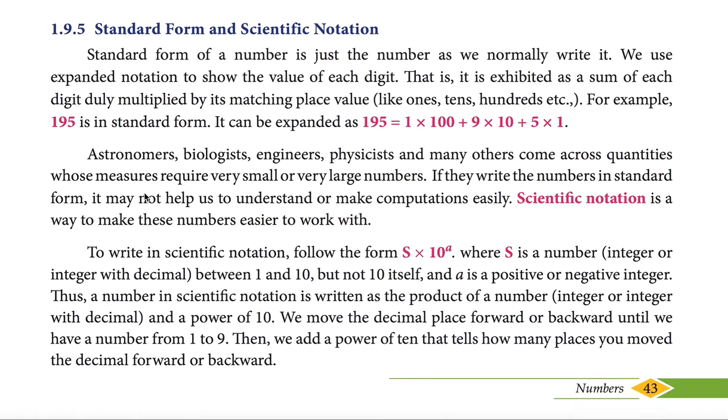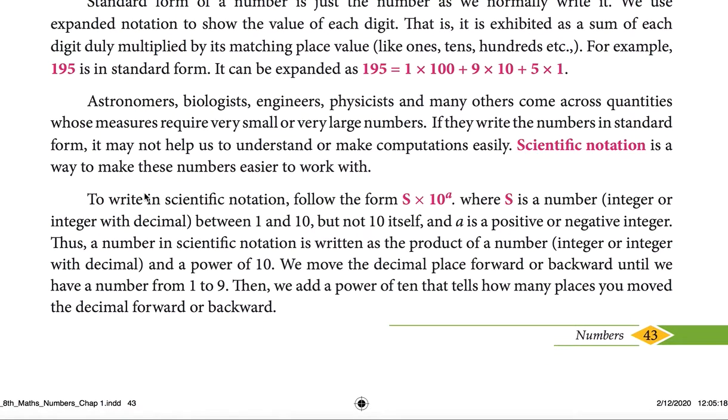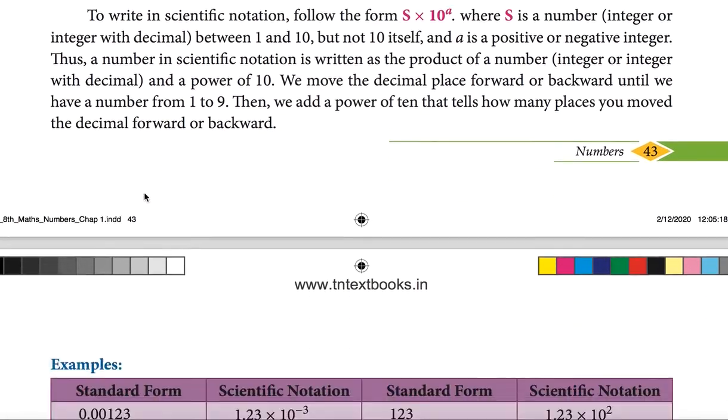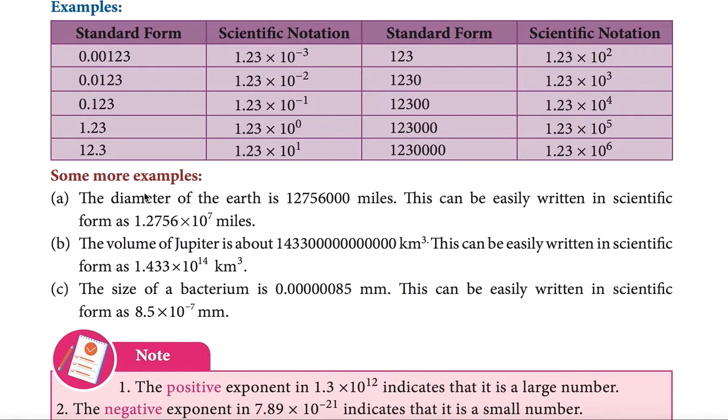We move the decimal place forward or backward until we have the number from 1 to 9. Then we add power of 10. That tells how many places you moved the decimal forward or backward. So these three are some real life examples.